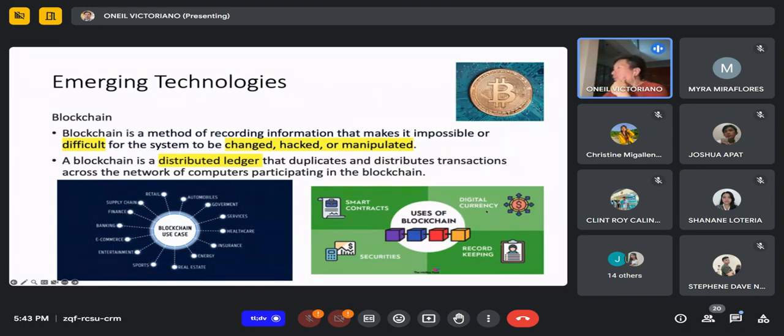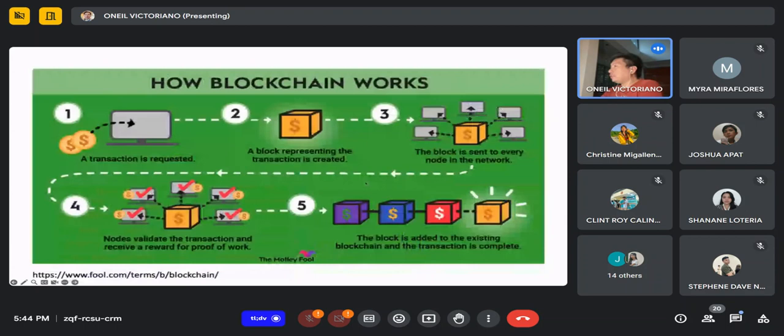Also use cases for digital currency, because of the validity over different accounts for the different currency. Also for securities, different information will be shared to different stakeholders, and they will merge the data to be able to validate the correct information.